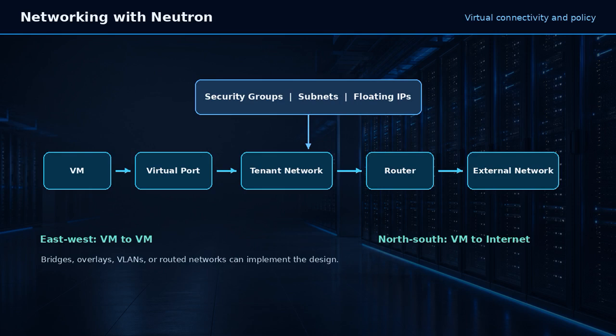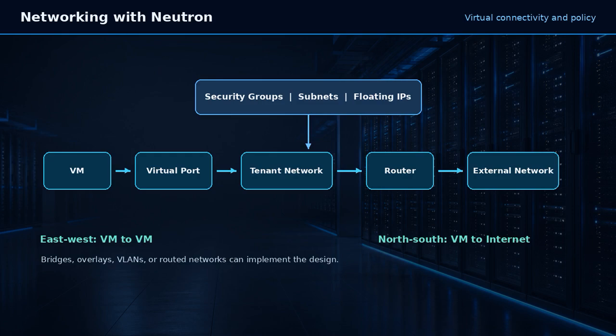A floating IP can provide reachable addressing from an external network, depending on the deployment design. Neutron agents, plugins, and physical network devices implement these abstractions using technologies such as bridges, overlays, VLANs, or routed networks.